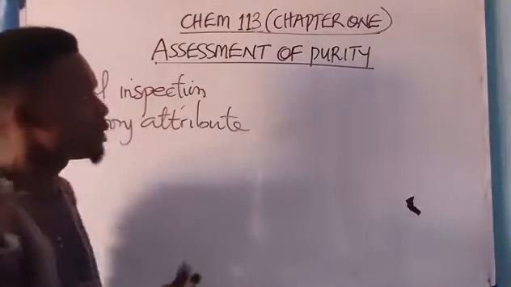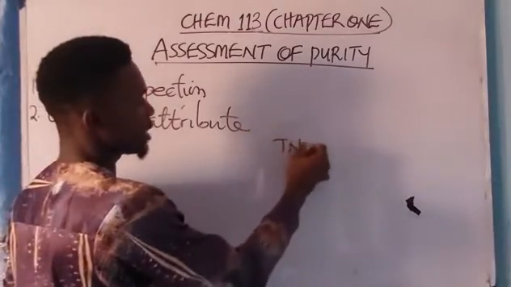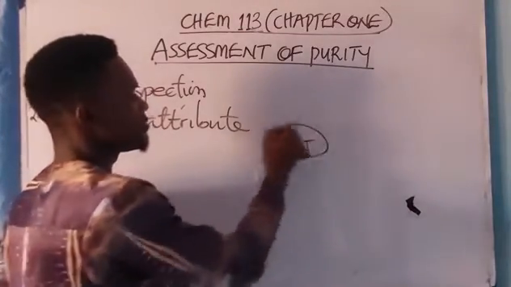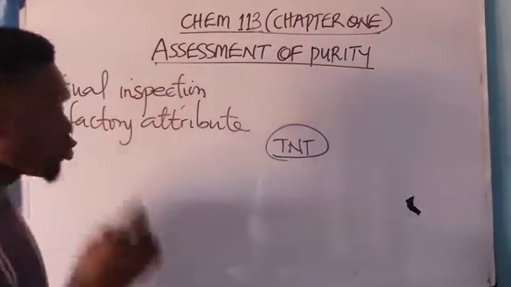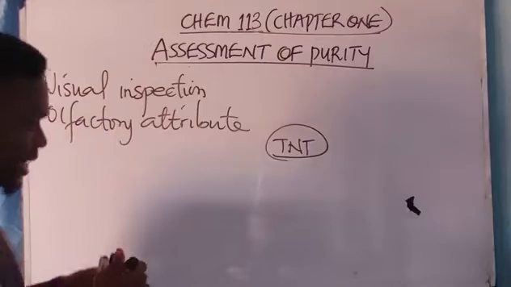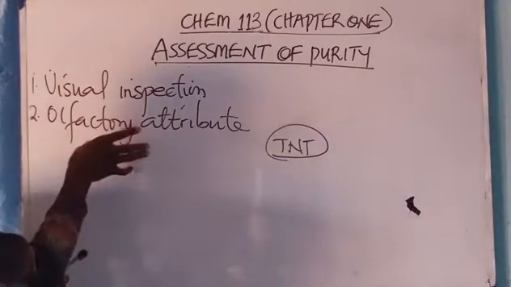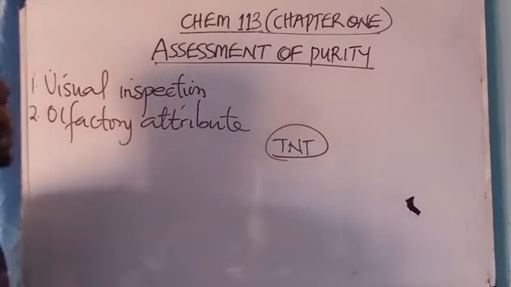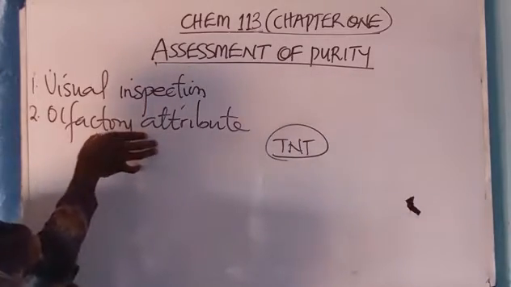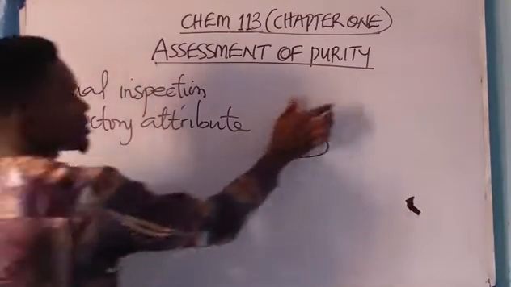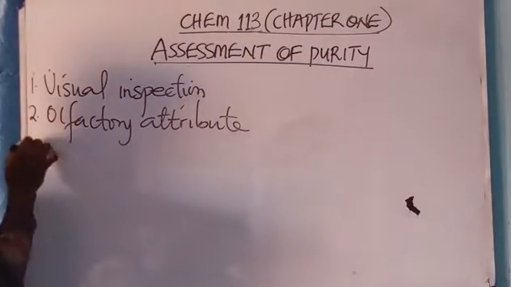A good example is TNT, trinitrotoluene. It's a very poisonous gas. If you should inhale this gas, your brain will knock. Olfactory attribute is just like sniffing a particular compound. Please, it is not advisable you execute this type of assessment.